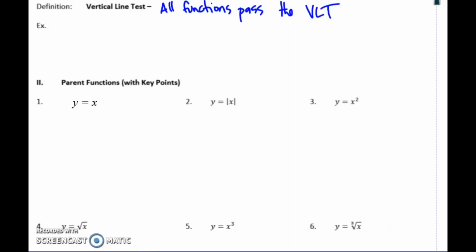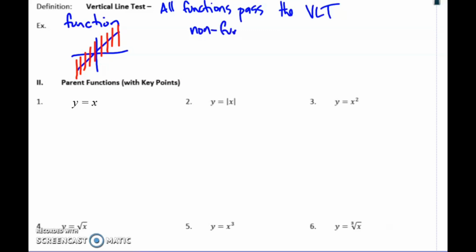Well, what is that? If I have a function like the one we just talked about, 3x plus 1, you can draw a vertical line anywhere on that graph and it will only intersect at one point. So that would be a function.